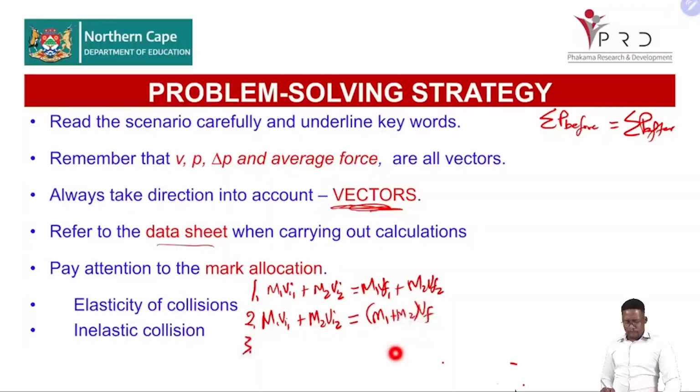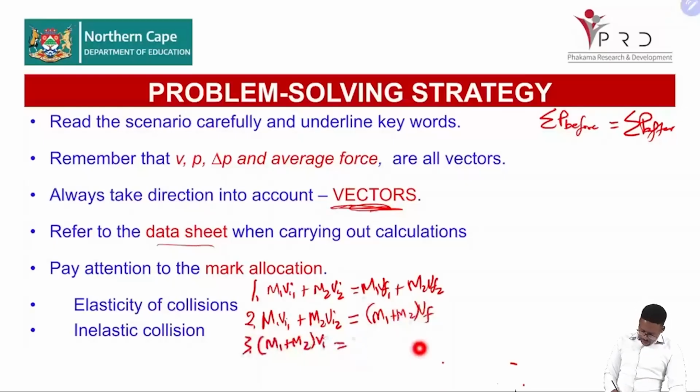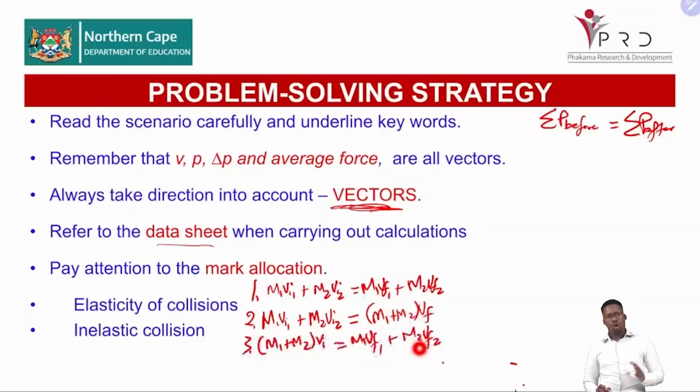If it is scenario number 3, initially they are together, M1 plus M2 with the same initial velocity. They collide and have their own final velocity, M1 with final velocity, M2 with its own final velocity. So familiarize yourself with these formulas because they're not there in the formula sheet.